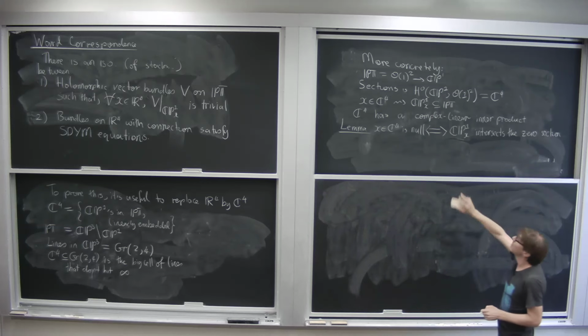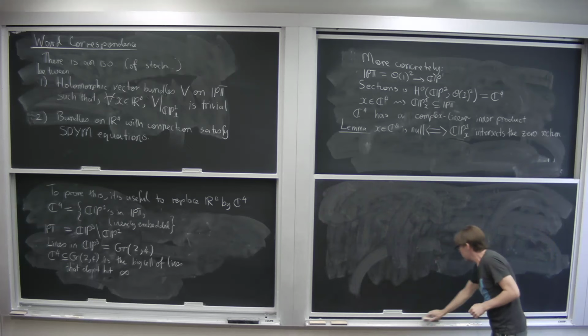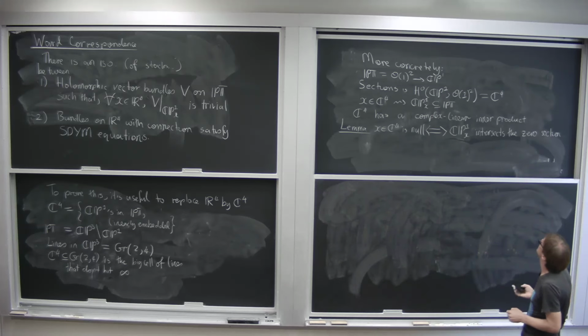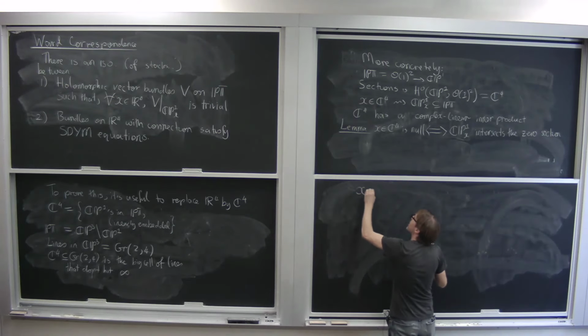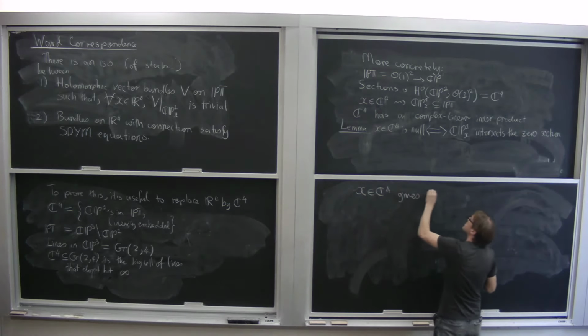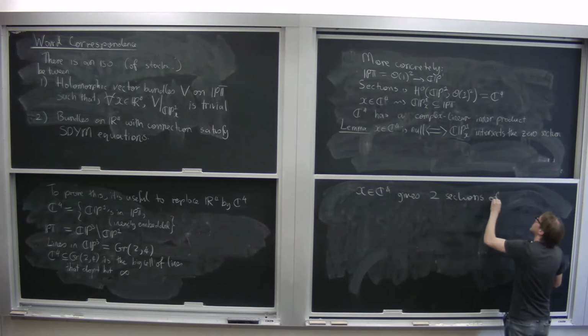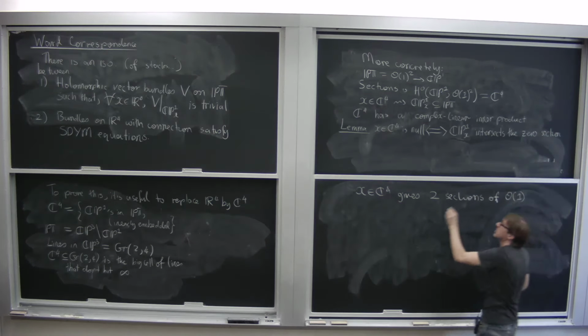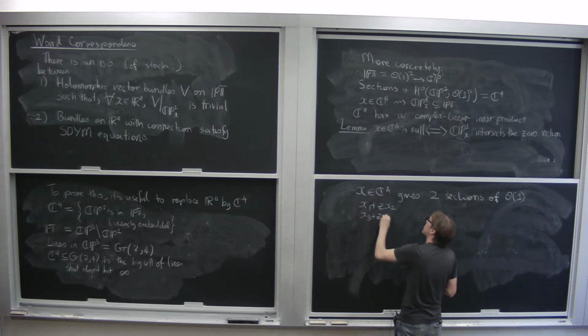But if you want to be really down to earth, if I take a vector x in C4, it gives me two sections of O(1), namely x1 plus z x2 and x3 plus z x4.